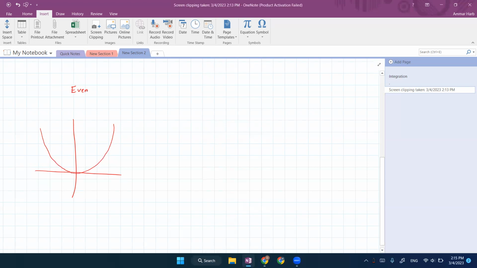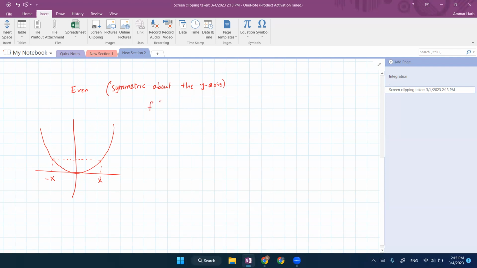So the y-axis is like a mirror, and everything is the same, like an object and its image across that mirror. So an even function is symmetric about the y-axis, which means basically if you have an x value here and on the other side we have the negative x value, like 2 and negative 2, their output, their y value, would be the same.